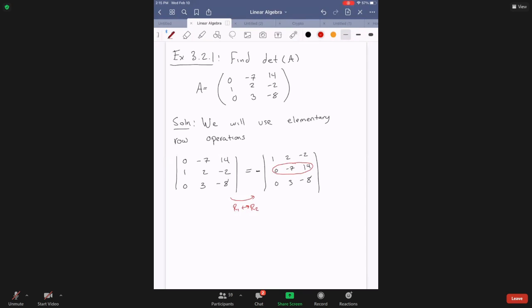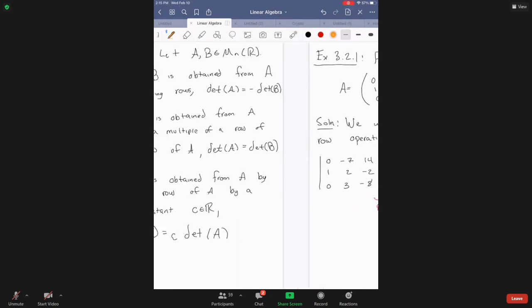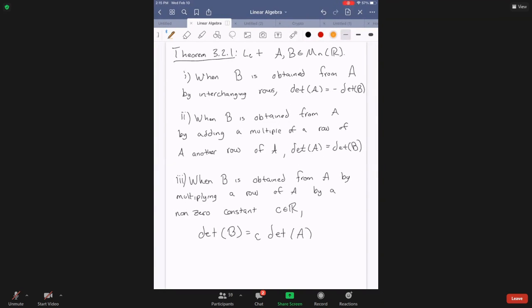So we can say factor 7 out of R2. That one's a result from the third point, okay?